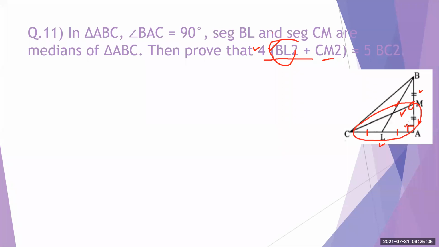Again, angle A is 90 degrees. Use the Pythagoras theorem, we will get CM square is equal to. And finally, for the BC square, we can use the original triangle, that is the bigger triangle ABC, and we will get the value of BC square. So while getting this, how to equate them with each other, that we can see here.